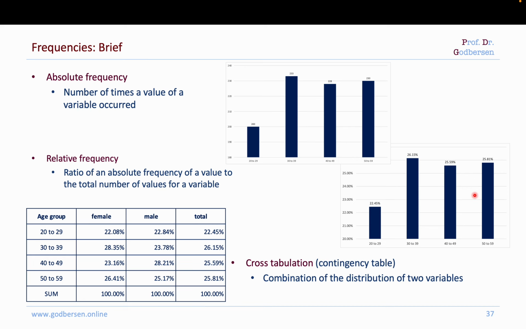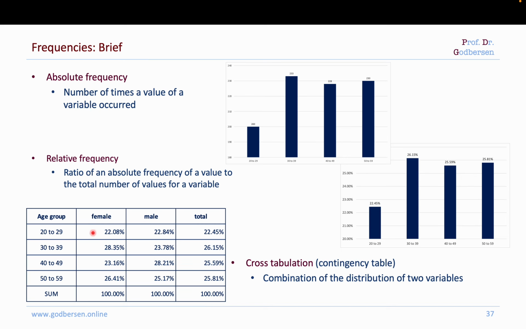You can of course combine two variables. Then you are doing cross tabulation. That's simply the combination of the distribution of two variables. Here is an example: gender, just female and male to keep it simple, and age groups.